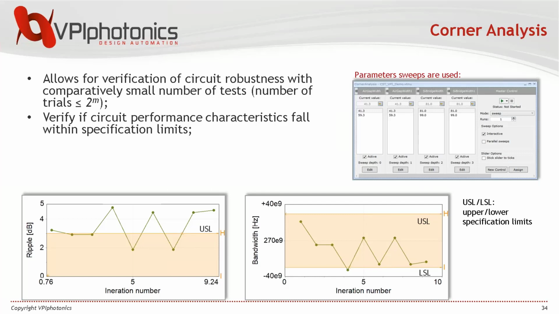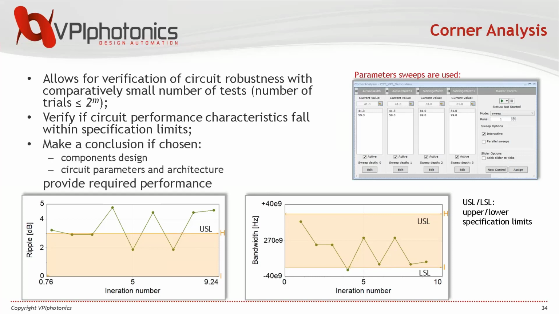A circuit running at these process corners could fulfill specification requirements or not, thus giving us an idea of how sensitive our design is. Afterwards we can make a conclusion: should we change something, or should we be happy with that. It is a really fast and rather good way to characterize and justify your circuit.